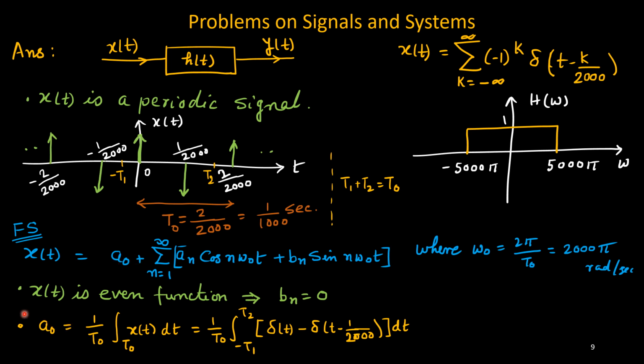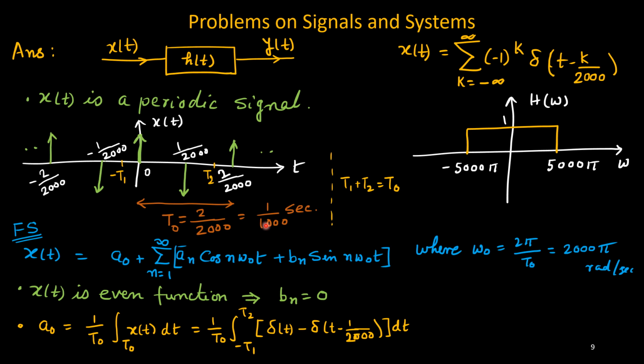Now a0 is given by 1 upon T0 times the integration of x(t) over one time period T0. This T0 is the fundamental time period, which is 1 millisecond here. So we need to integrate over any one time period.